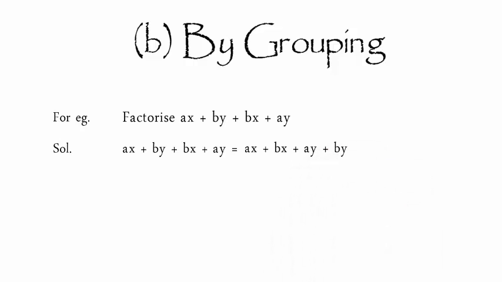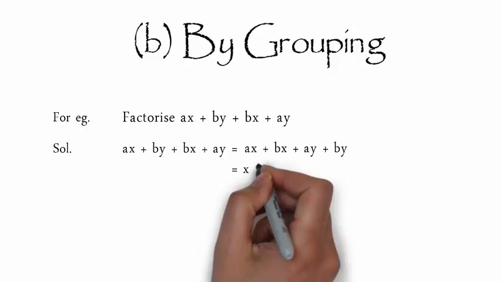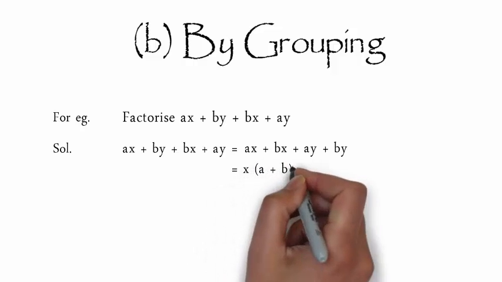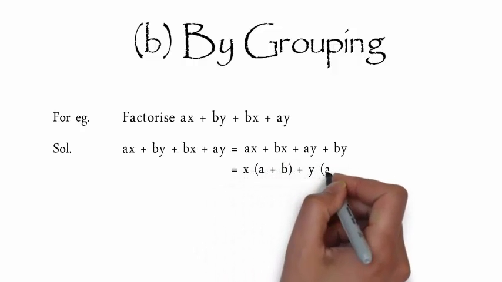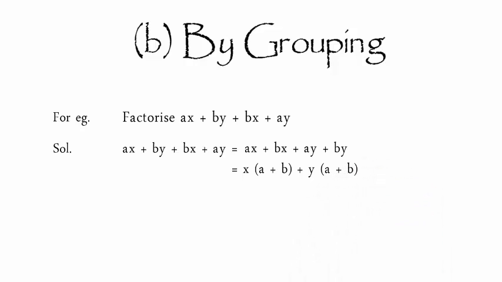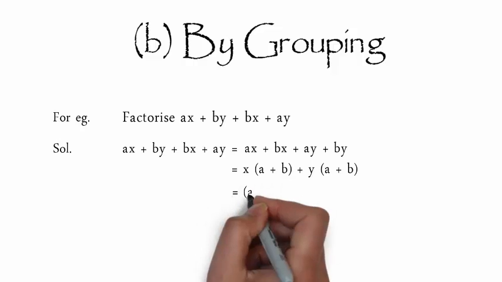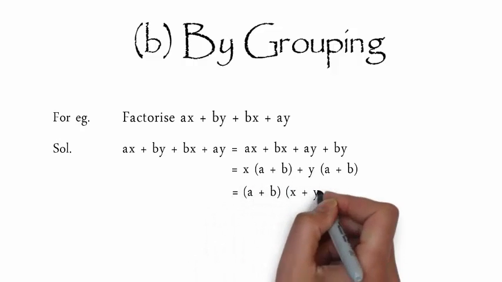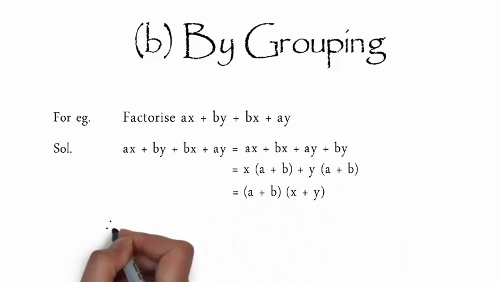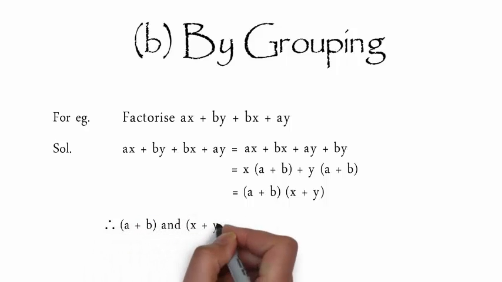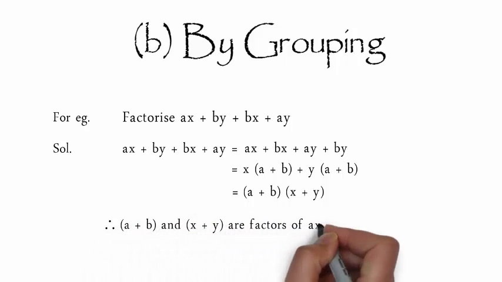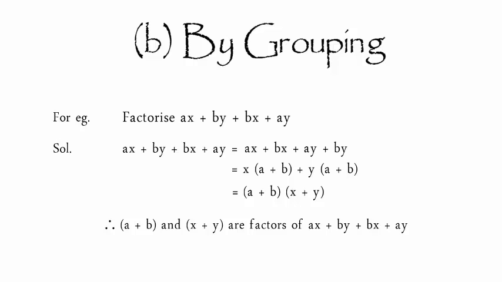Now we can take x common from the first two terms and y from the third and fourth terms, which is equal to x(a + b) + y(a + b). Here we can take a + b as common, and so (a + b)(x + y). Therefore, a + b and x + y are the factors of ax + by + bx + ay.